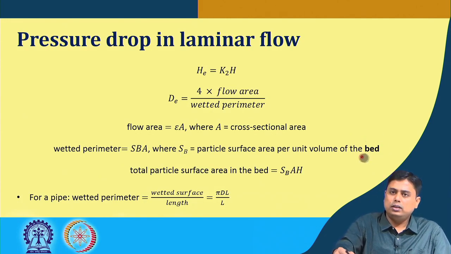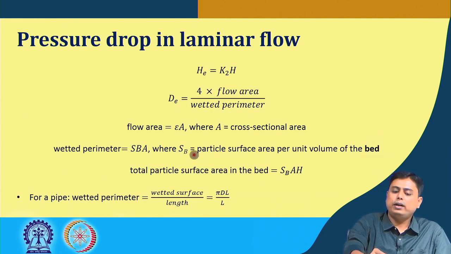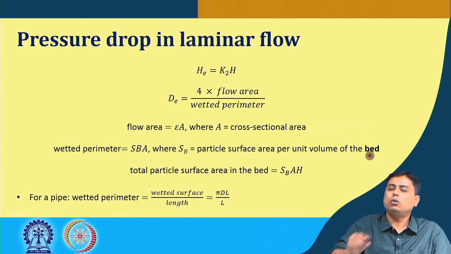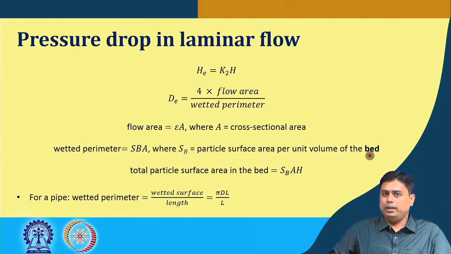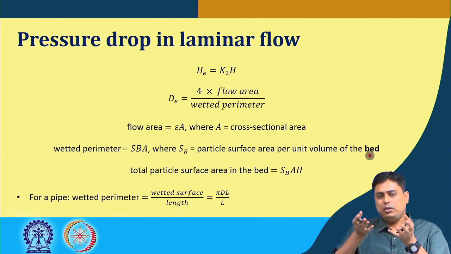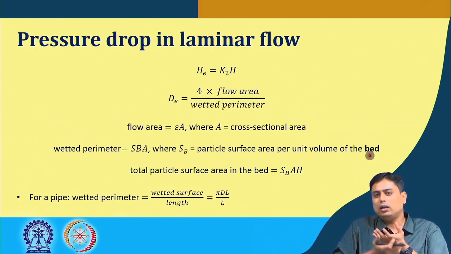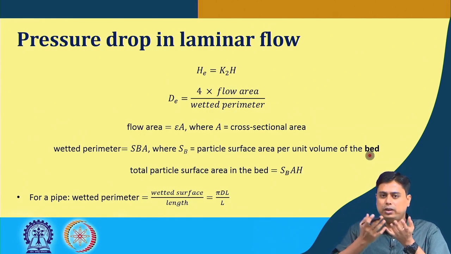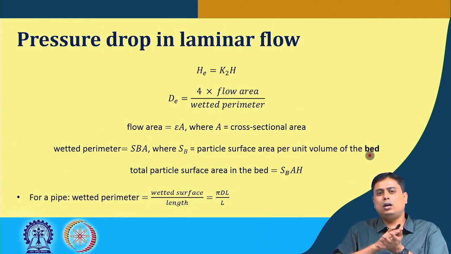Okay. So, if we define this quantity as the particle surface area per unit volume of the bed, then the wetted perimeter would be this particle surface area per unit volume of the bed multiplied by the cross sectional area. That is what the water or fluid can wet, that much area of the particles.